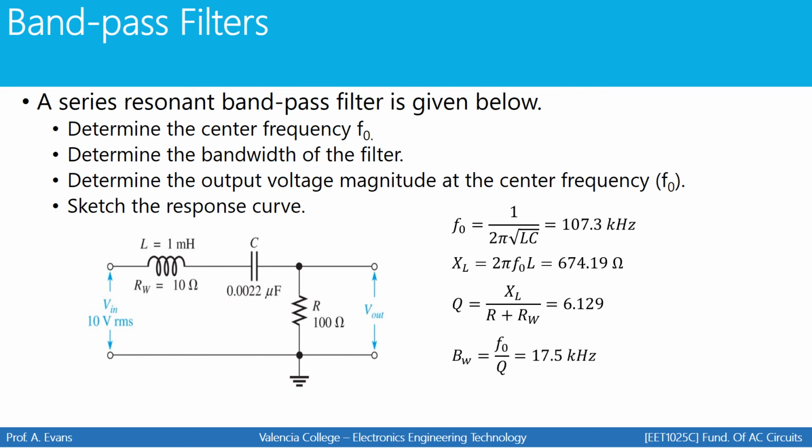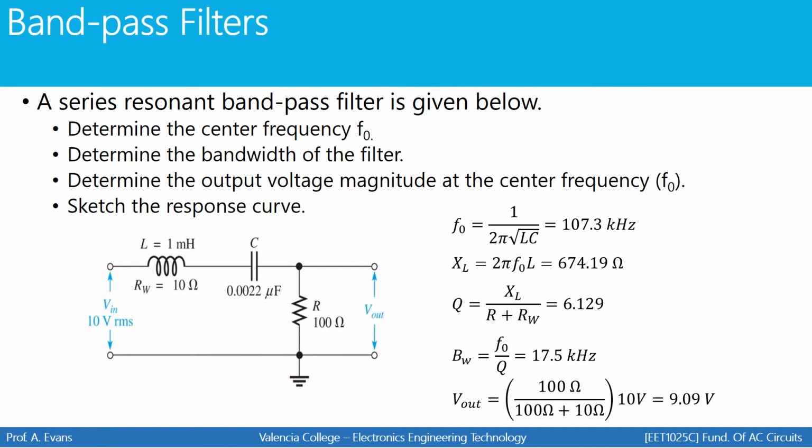Then we're going to use the quality factor to determine the bandwidth. So I know the center frequency is 107.3 kilohertz, and the bandwidth is 17.5 kilohertz. The bandwidth represents how large the window is. The center frequency is my center point or my direct middle of the window of frequencies that will pass.